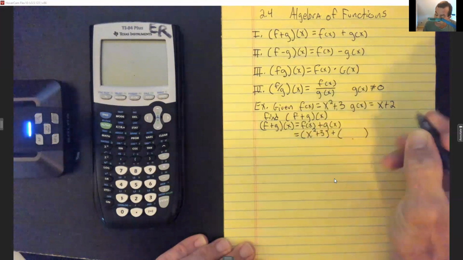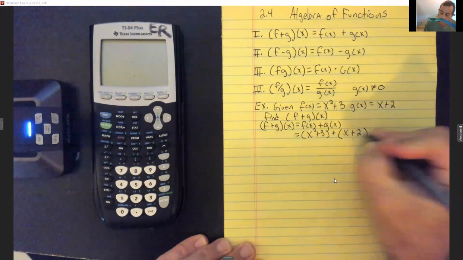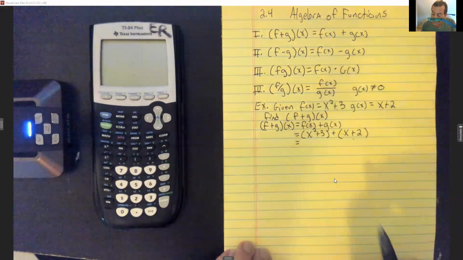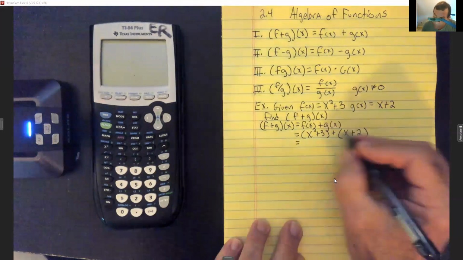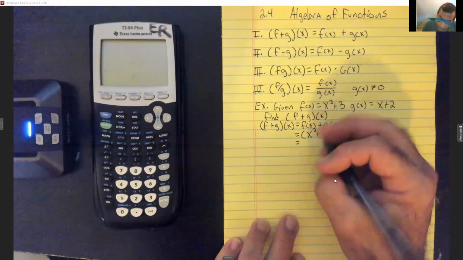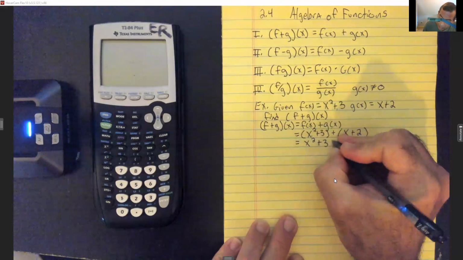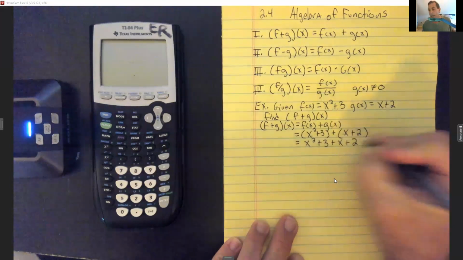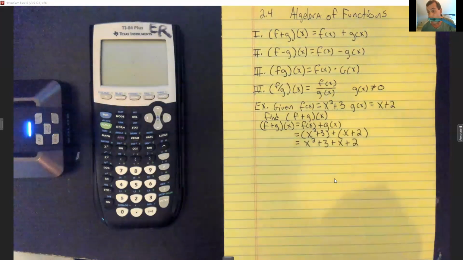My g of x is x plus 2. Now, since these are in parentheses and you're adding, we can drop the parentheses and get x squared plus 3 plus x plus 2. Later on, when I'm multiplying and subtracting, you'll see why I really need the parentheses, okay?